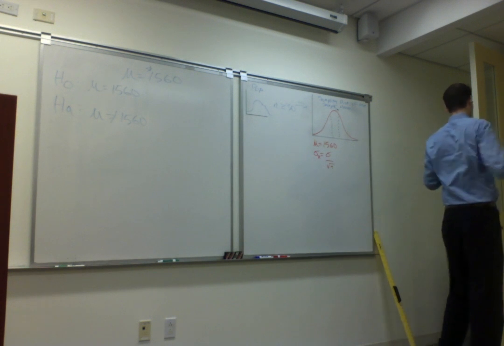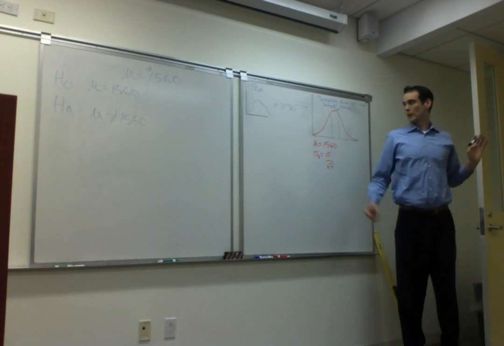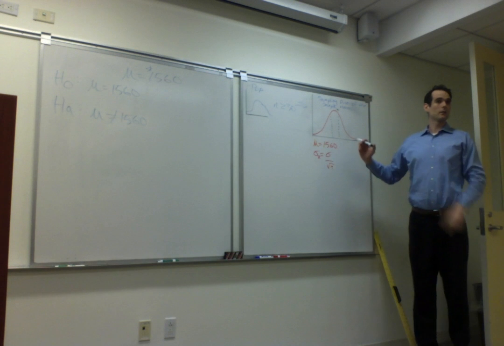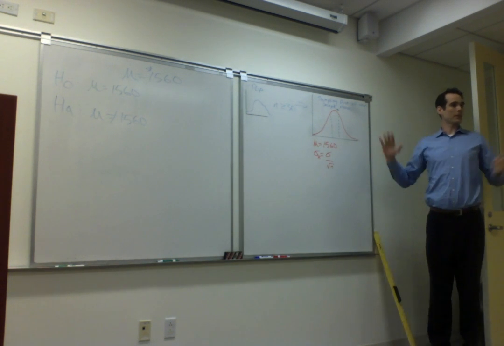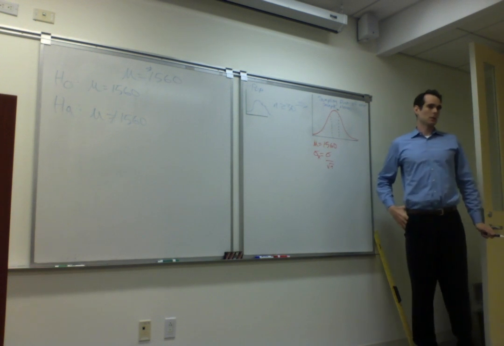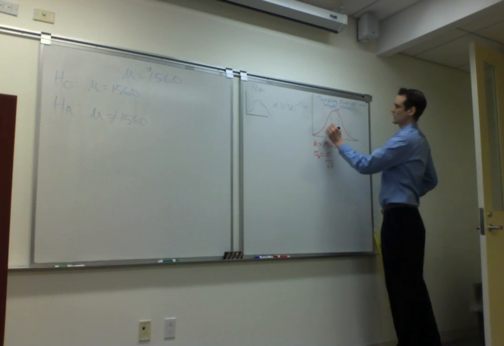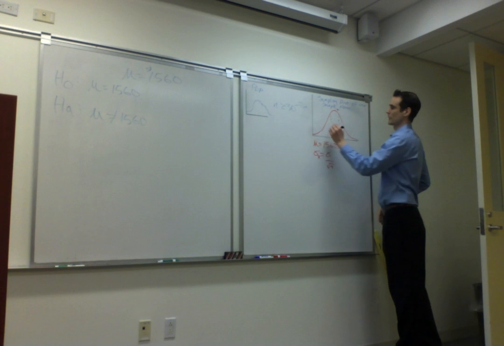Yes, exactly. We know that. 68.3% of the data will fall within 1 standard deviation. How about within 2 standard deviations? 95.5. Yes. And 3 standard deviations is like 99.7.